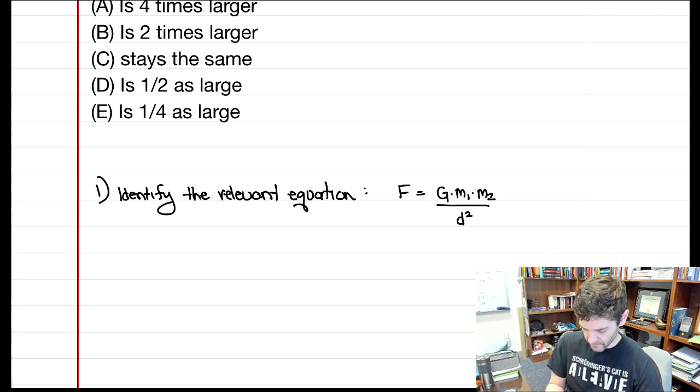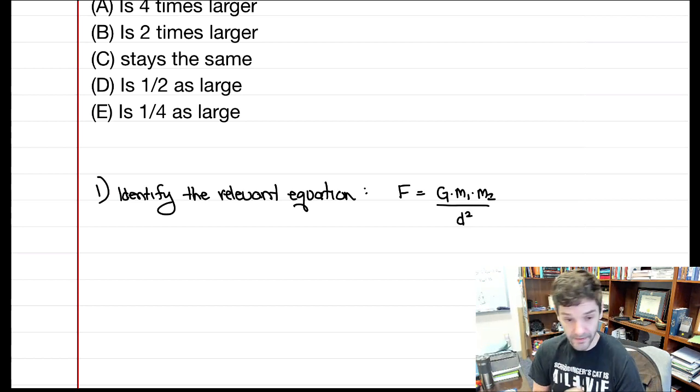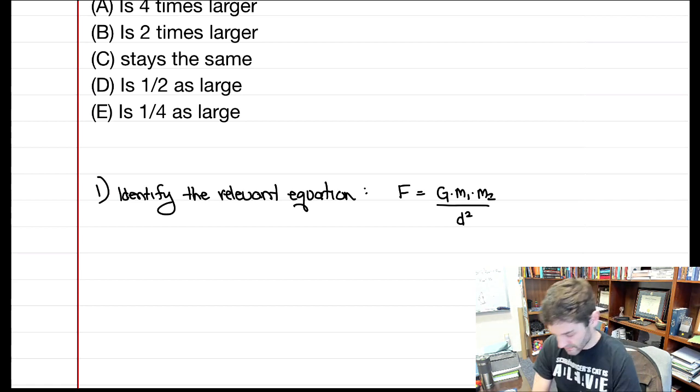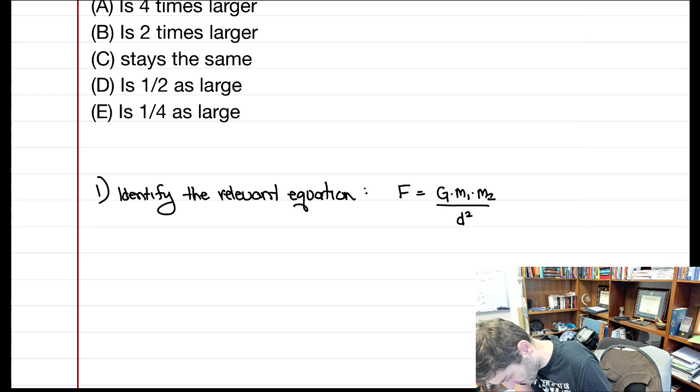You have all equations you would ever need on a cover sheet, but you need to know which is which and what the symbols represent. Here, G is just a constant. You can look it up in a book. These are the masses of the two objects.